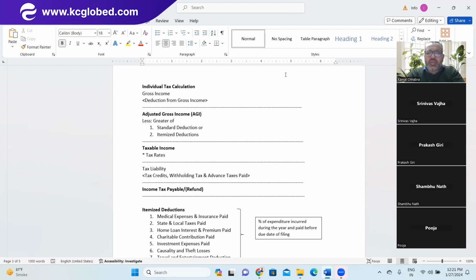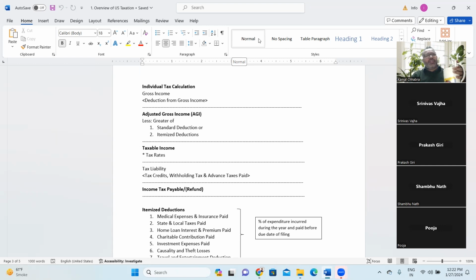After that, you'll be reducing the tax credits, withholding tax, and advance tax payments, if there are any. Right? The remaining amount could be net income tax payable, or it can be a refund also. So this is the overall flow of the computation of income. So I request you to note this down on the very first page, because throughout the US taxation part, we'll be going through each topic one by one, and I'll help you connect back to the computation of income.